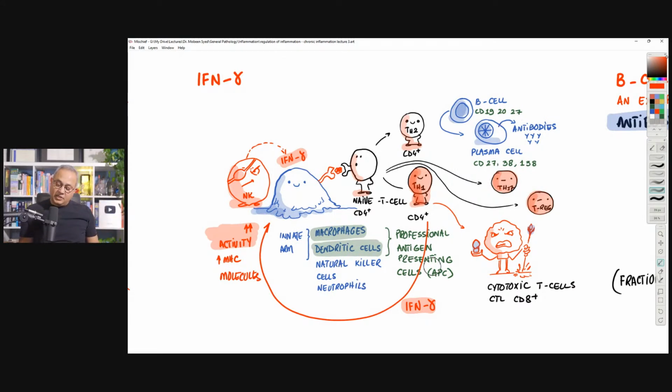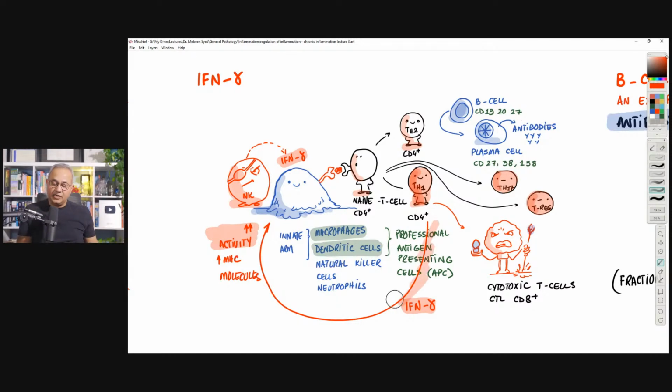So anyways, the T helper cell 1 cells produce interferon gamma. Interferon gamma in turn goes and amplifies the function of the innate arm cells. We saw with interleukin 10 that the acquired arm was suppressing or downregulating the function of the innate arm.